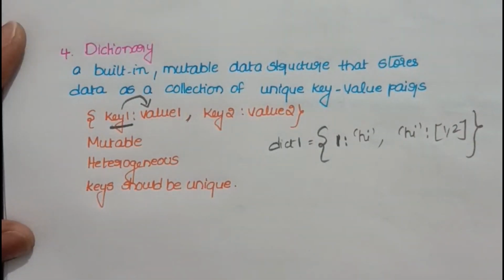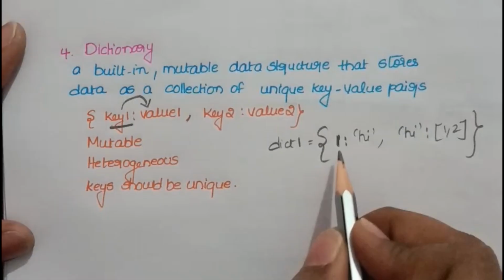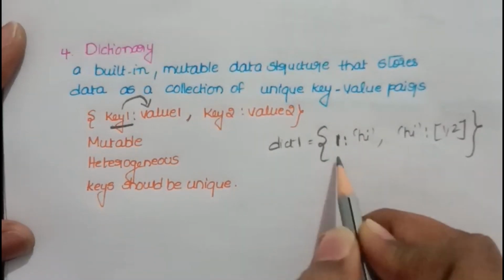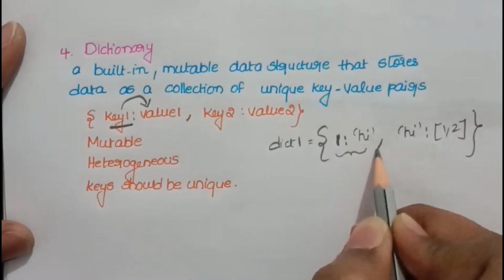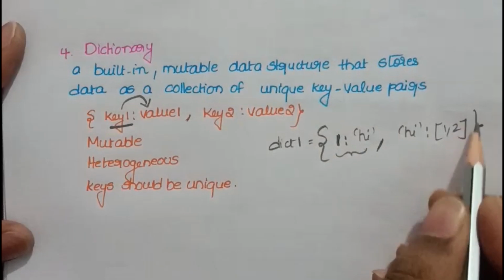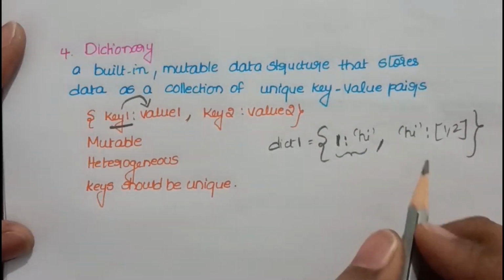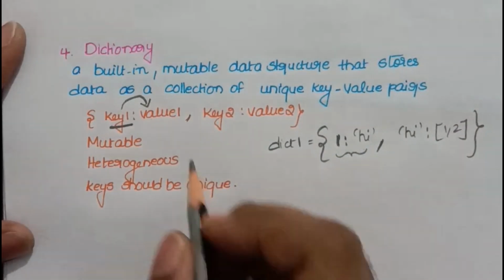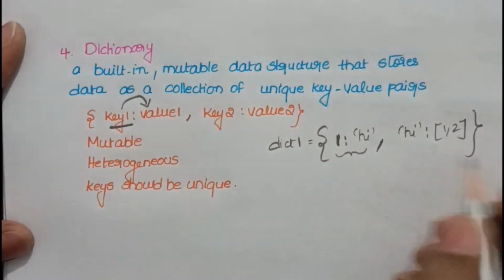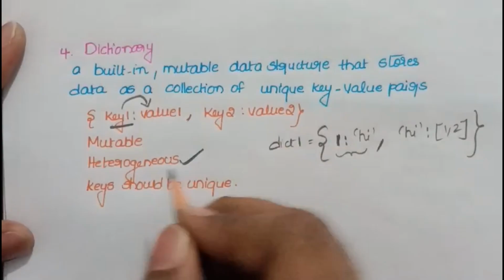In this way, you can declare a dictionary. A key and its value separated by a colon, each key-value pair separated by a comma, all key-value pairs enclosed within curly braces. As I said, I am using different data types, so it is heterogeneous.